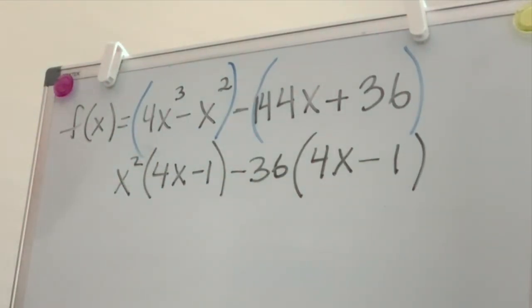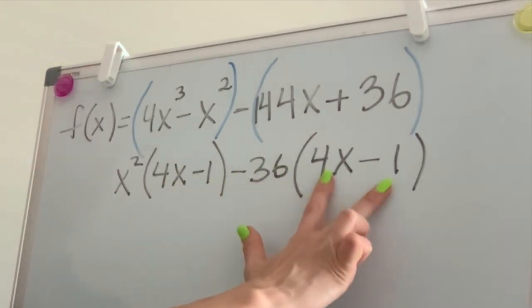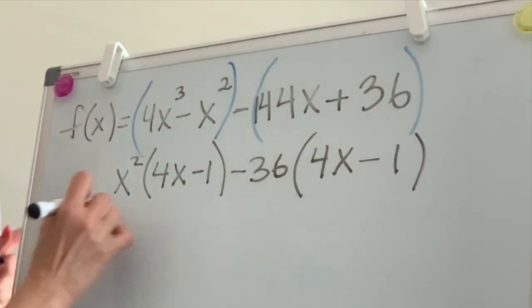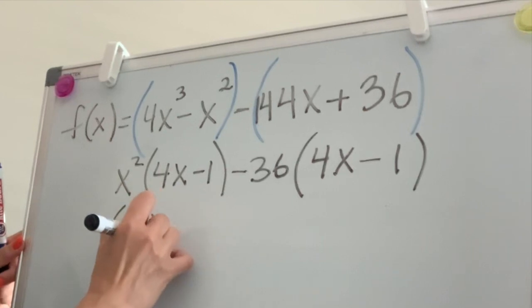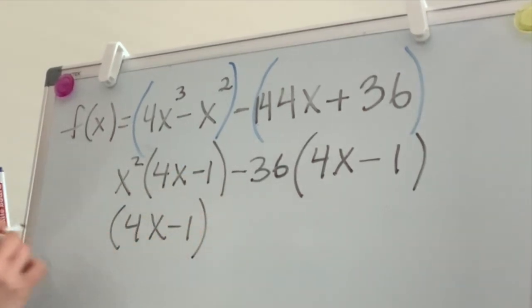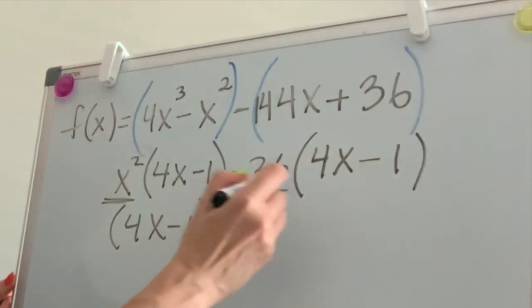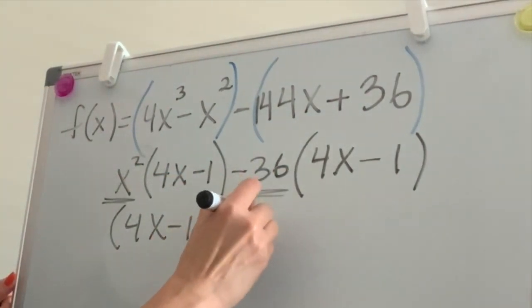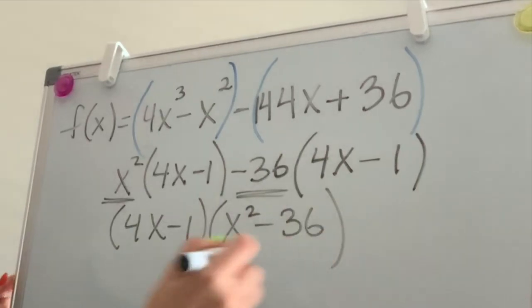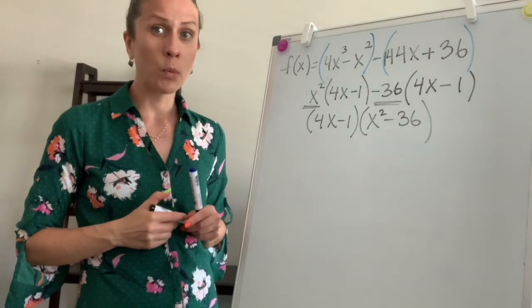So now you notice that you have 2 groups of 4x minus 1. We're going to place one of them in the front, and then the stuff that is not matching, the x squared minus 36, will go into the second group. So we're done factoring by grouping.